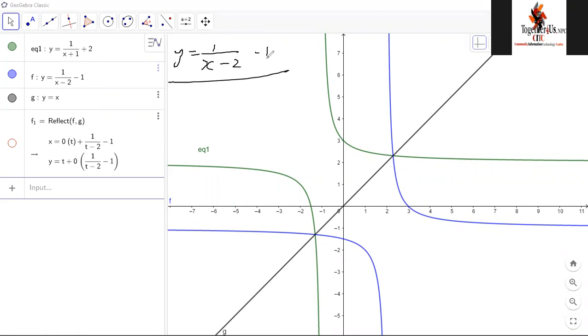Now, I can just figure out the asymptotes here. For the original function, I have x equals 2 and y equals -1. Now, remember what we did in the previous video when we were talking about the parabola?